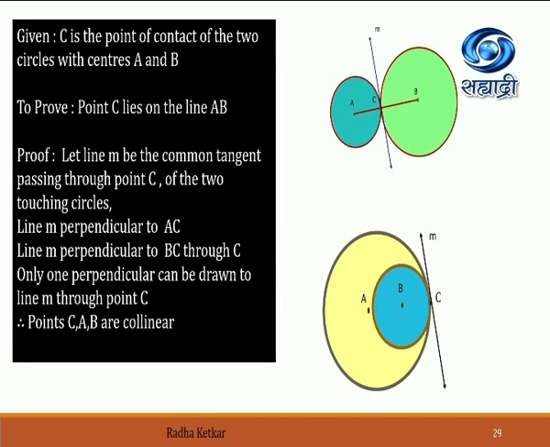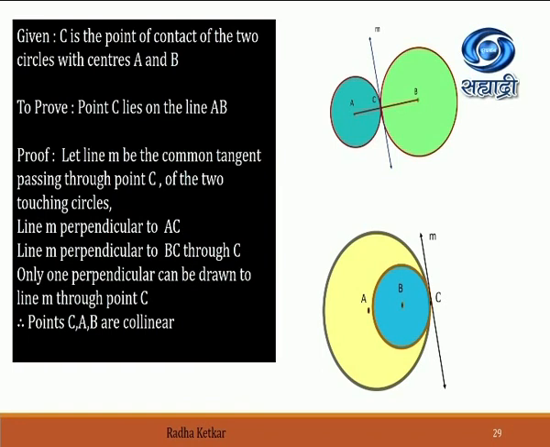Let line M be the common tangent passing through point C. So you can see in the construction, through point C we have a tangent passing, which is nothing but M, and which is common for both the circles.